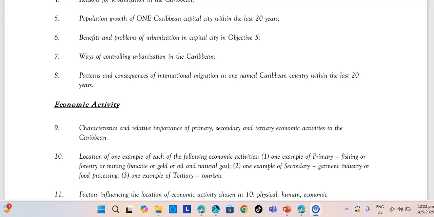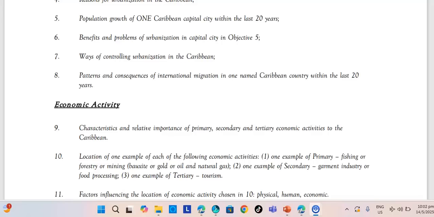The negative effects of international migration on Trinidad and Tobago include brain drain, which is the loss of skilled workers. So you have a lot of skilled workers like teachers, doctors, engineers migrating, and this hurts sectors like healthcare and education.